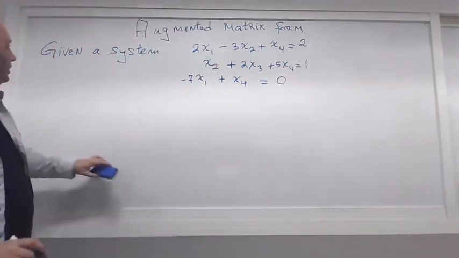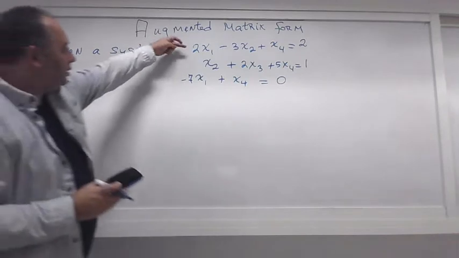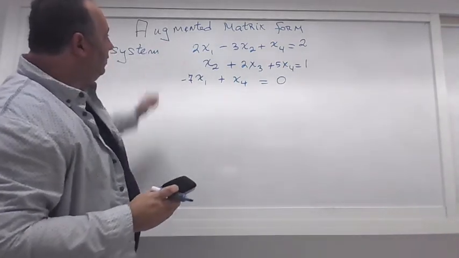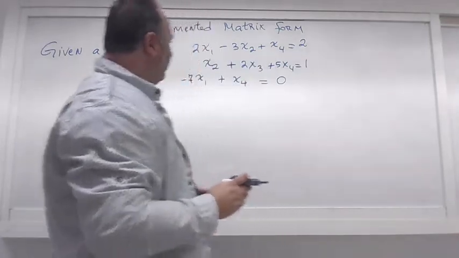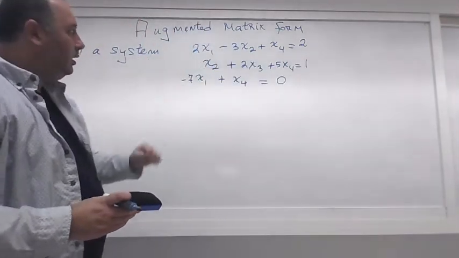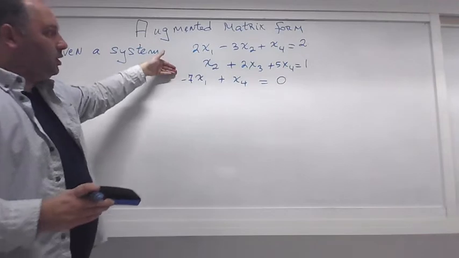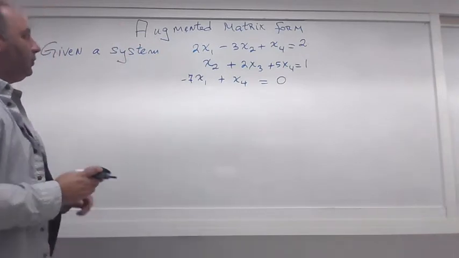So this is our system that has three equations, and we have x1, x2, x3, and x4 as variables. So we have four variables, and three equations. Not big deal.